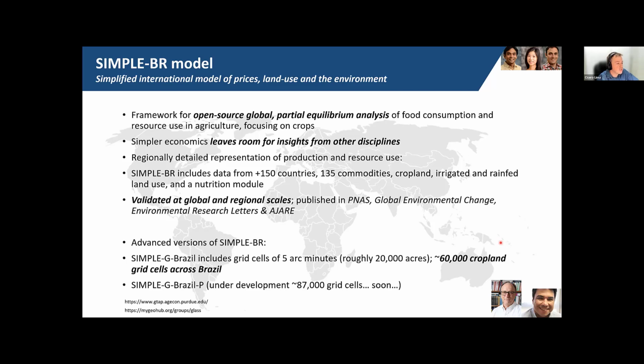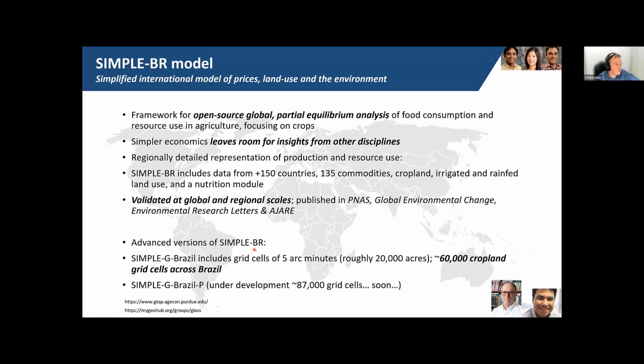In this version of the model, we have more than 150 countries aggregated to 17 regions, and we have only one crop, which is the result of a crop composition of 135 commodities, cropland, irrigated and rain-fed land use, and also the nutrition model that I will show to you.